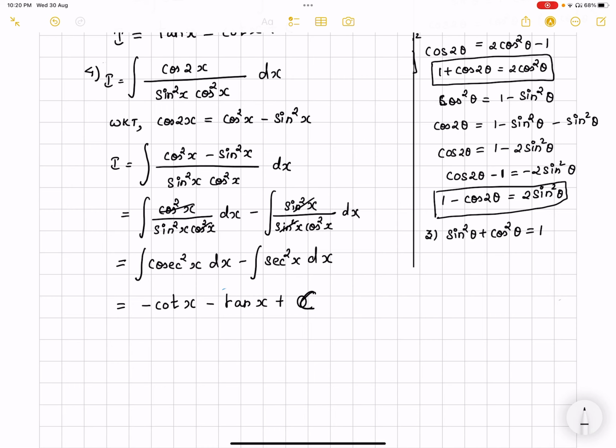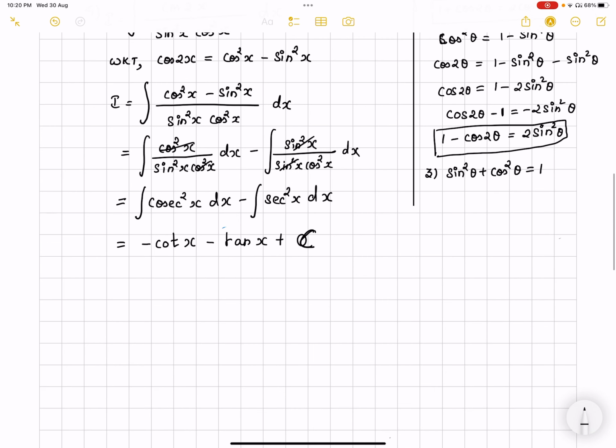Okay. Now let's solve two more problems of a different approach. Let's have a check. First one, we have 2 plus 3 cos x divided by sine square x dx. I don't think we need any kind of trigonometric identity like whatever we have used previously.